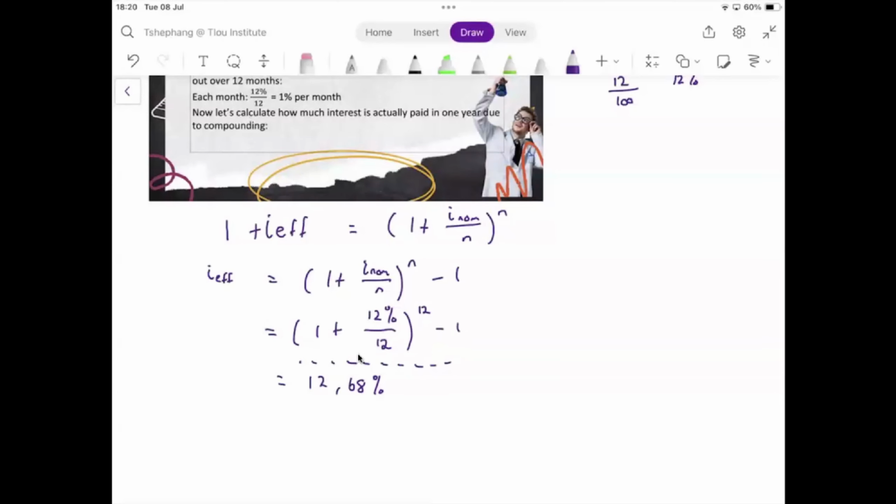And that's what you really pay instead of the advertised one. But this is because of the compounding period. I hope that makes sense to everyone. Please do not confuse the two now.